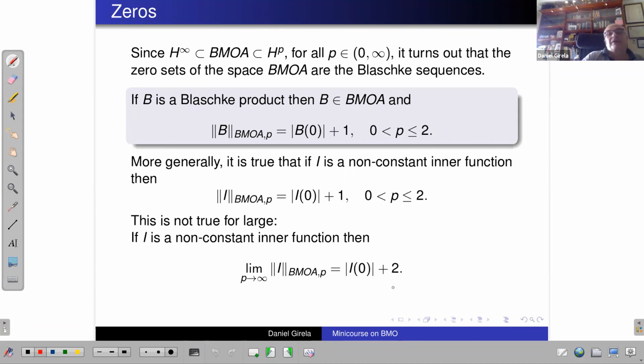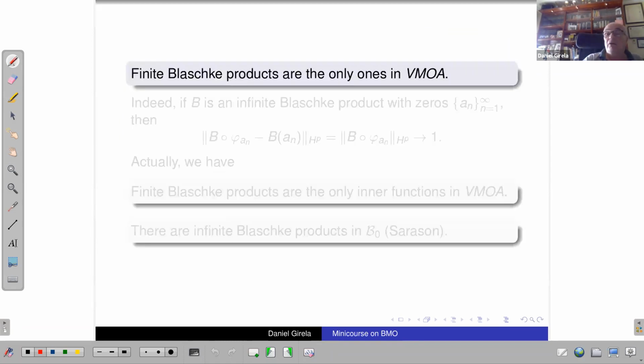So the question about the zeros of functions in BMO is completely solved. They are simply Blaschke sequences. Of course, all the Blaschke products are in BMO. However, if we consider VMO, vanishing mean oscillation, only the finite Blaschke products lie in VMO.